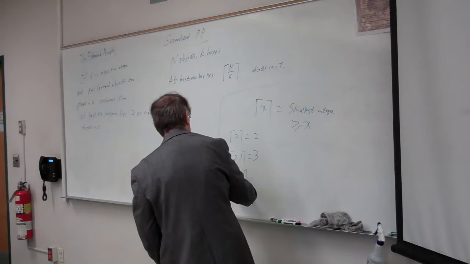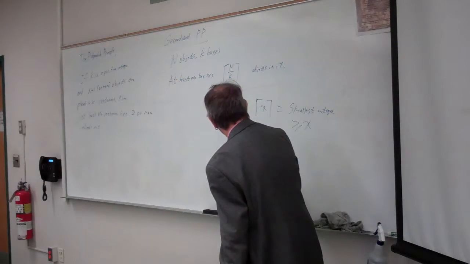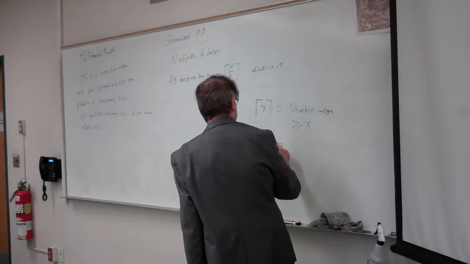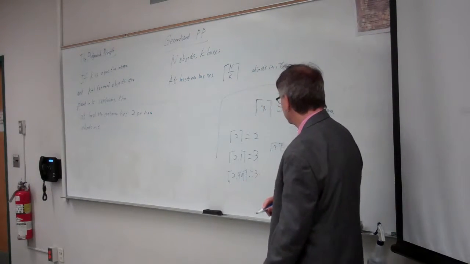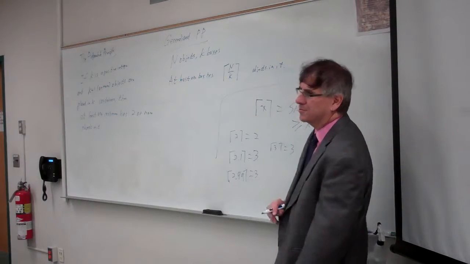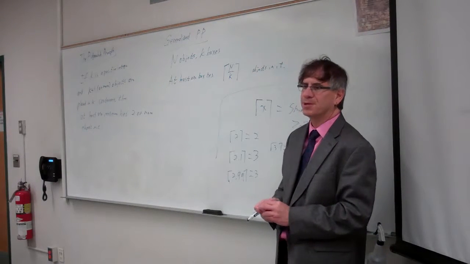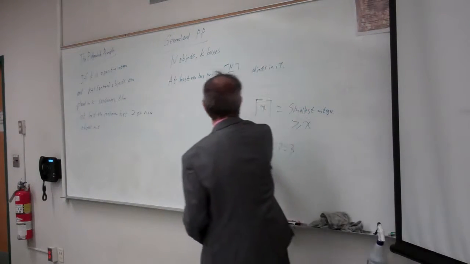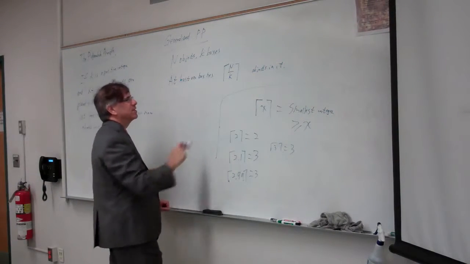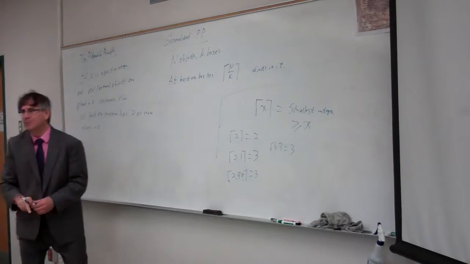Smallest integer bigger than or equal to 2.99, that's also 3. And then ceiling of 3 is equal to 3. So if it's an integer, it's just an integer. If it's bigger than an integer, you round up. So for n objects in k boxes, at least one box has ceiling of n over k objects in it.